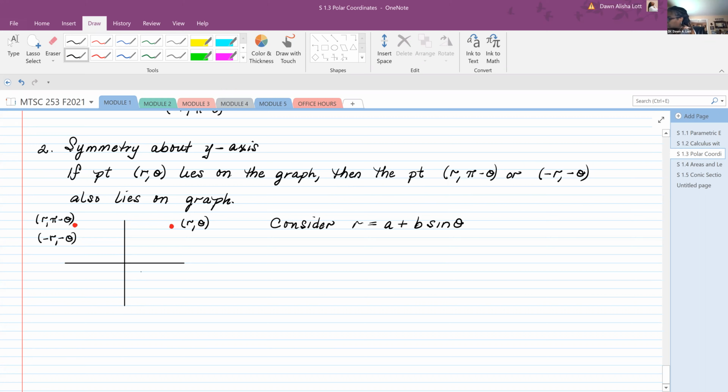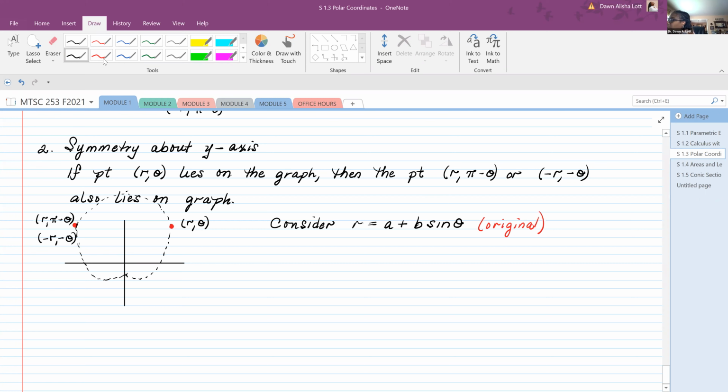Now, what does that thing look like? Well, that thing might look like this. So it's going to be symmetric about the y. So let's see. So this is my original. And let's try r pi minus theta first.